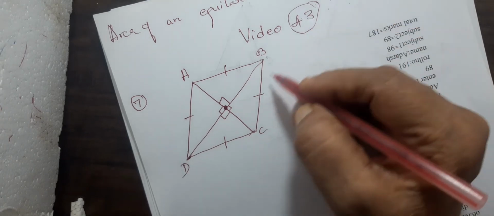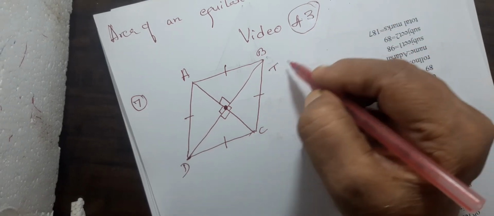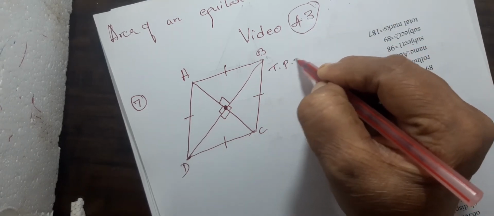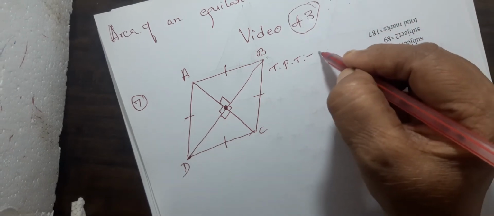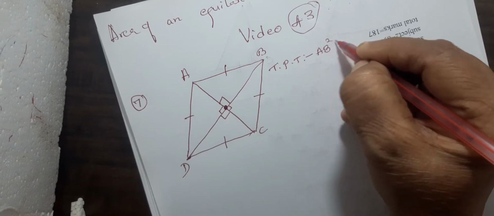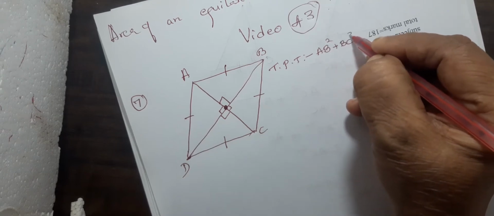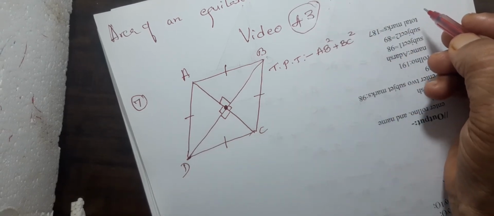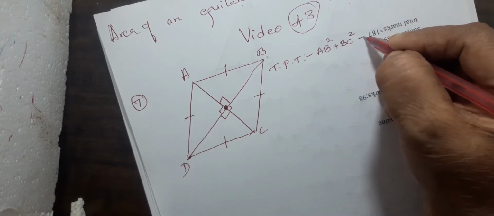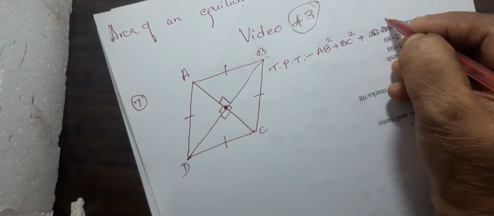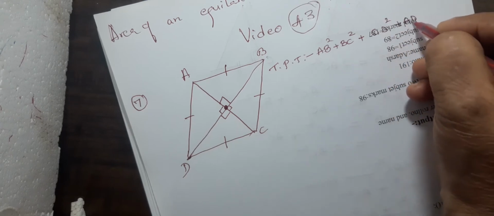So what are we going to prove in this? The sum of the squares of all the four sides. So AB squared plus BC squared. I hope you know that the squares of the sides means AB squared plus BC squared plus CD squared plus AD squared.